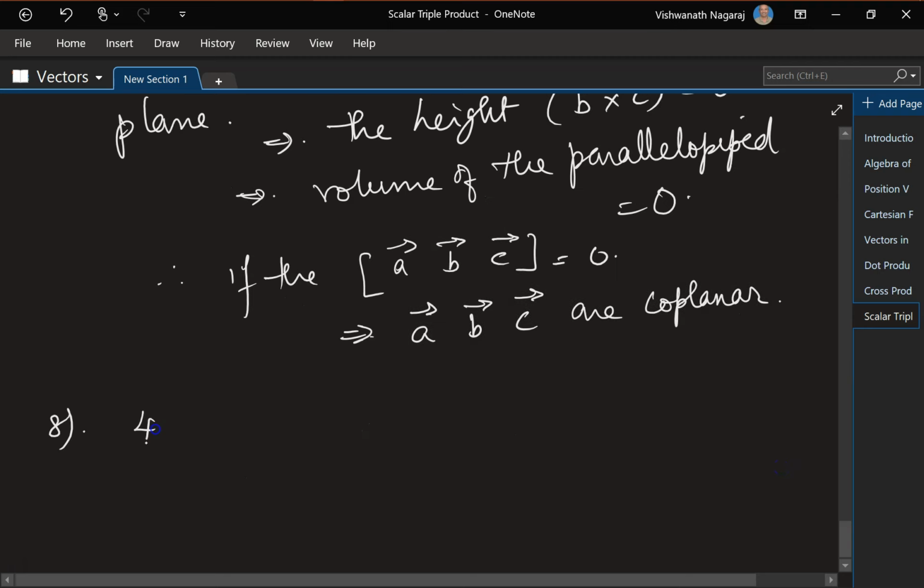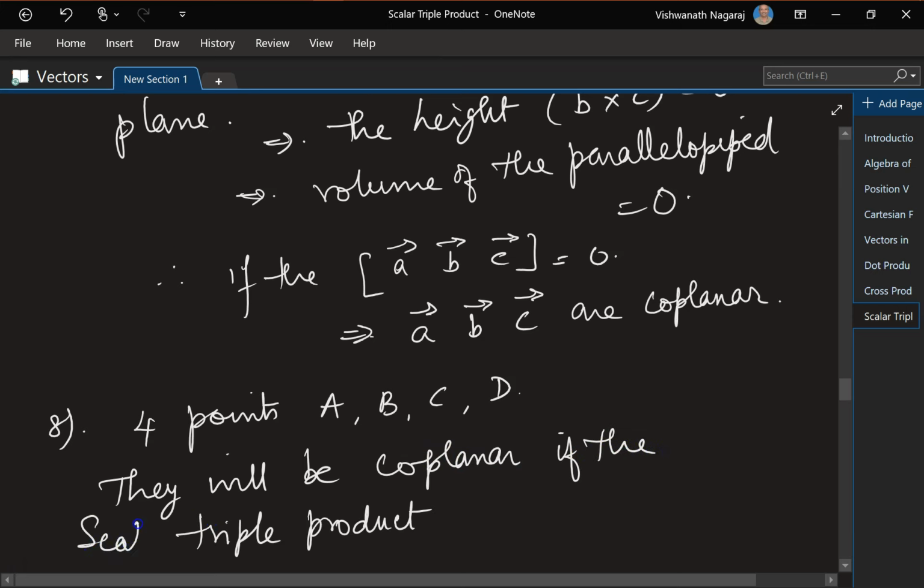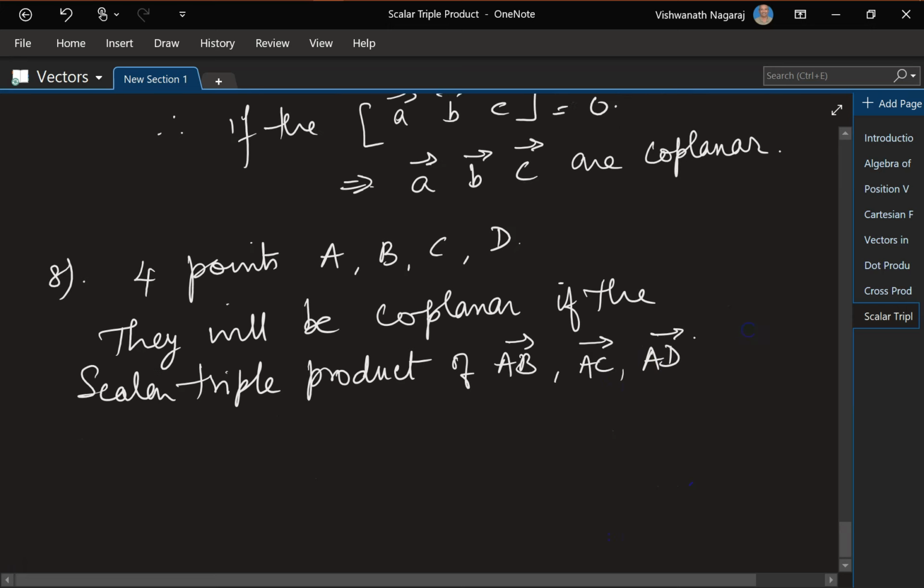And finally, if you have 4 points A, B, C, D, they will be coplanar if the triple product, more specifically the scalar triple product of AB, AC, and AD, that means co-terminal vectors, is 0, or AB, BC, and CD is 0.